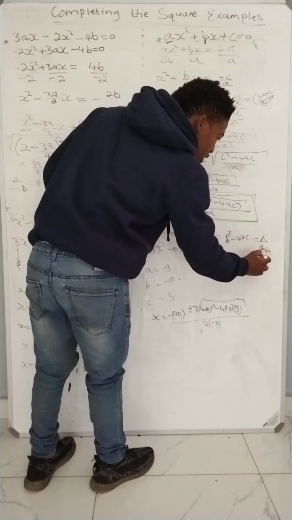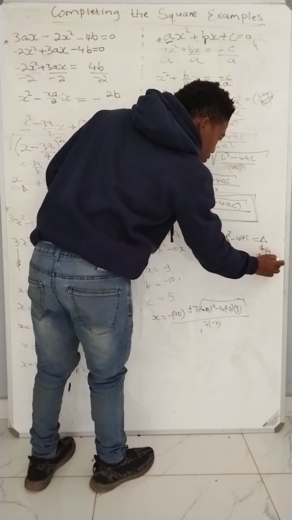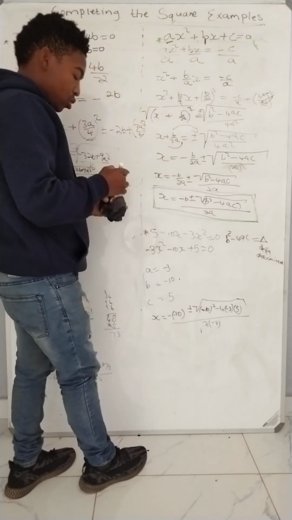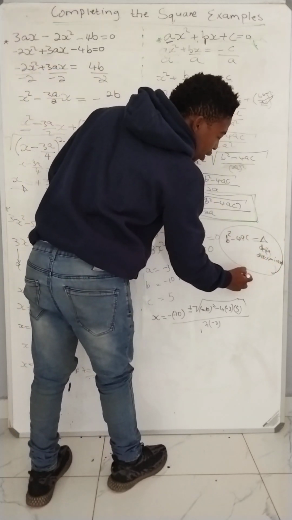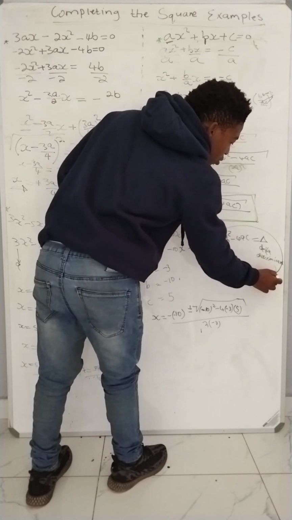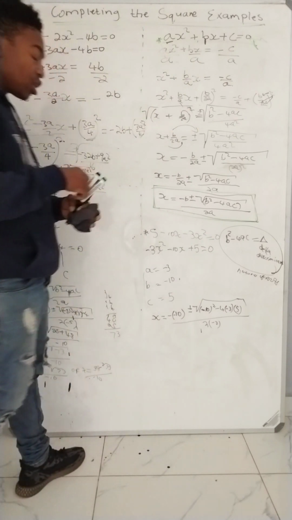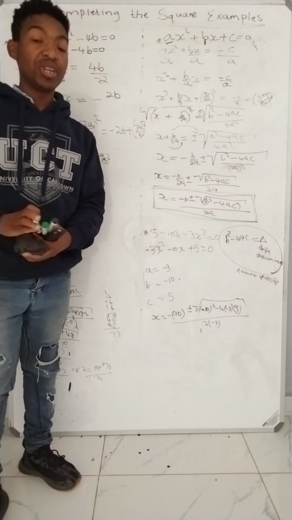It's also called the discriminant. Okay, so this determines the nature of your roots. What is the nature of your x values? So we'll be dealing with this a lot more in the next video.